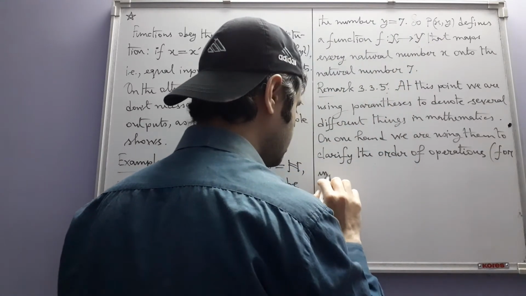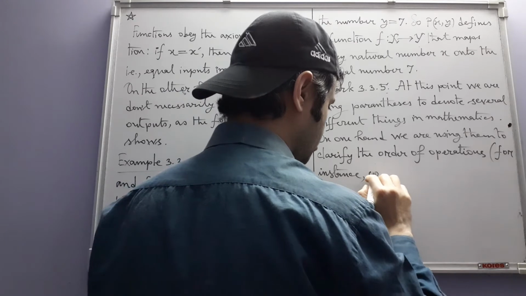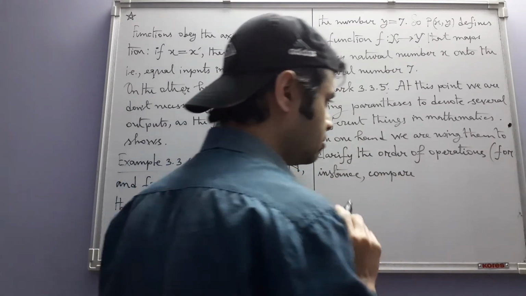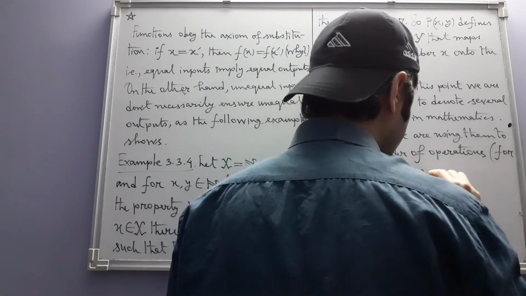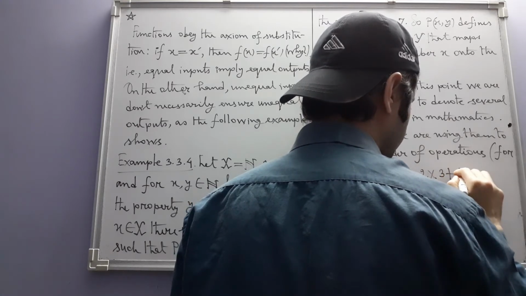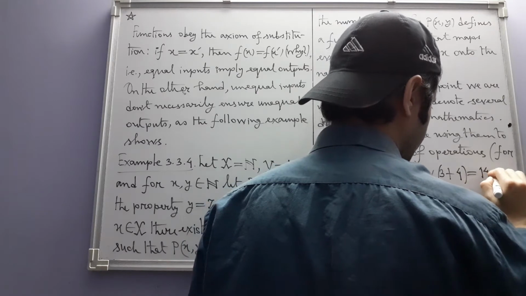For instance, you compare these two calculations, say 2 times (3 plus 4), so this is 14.